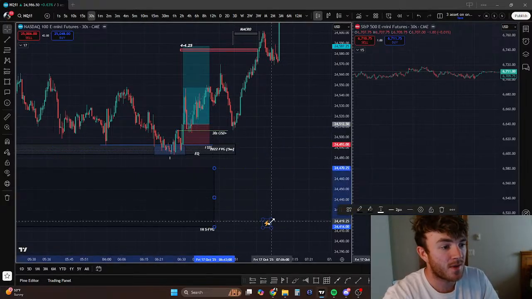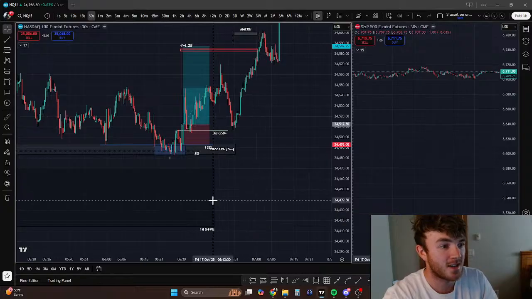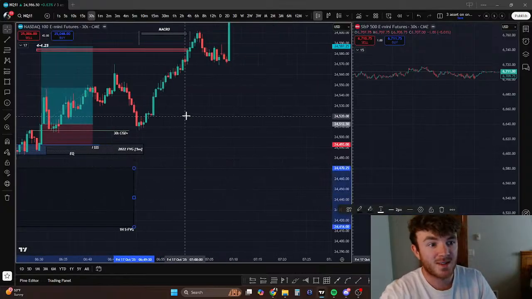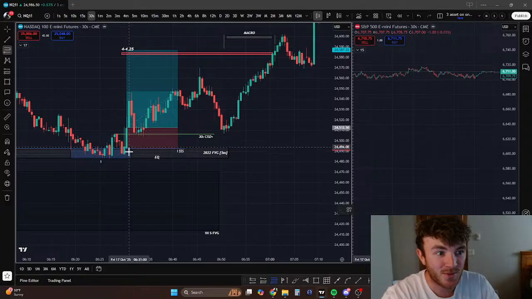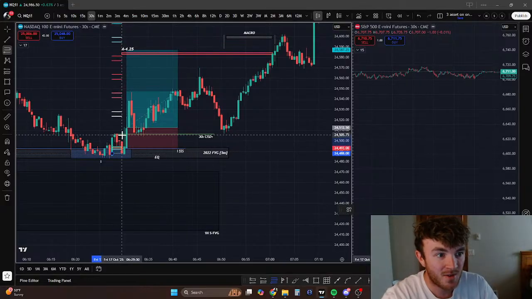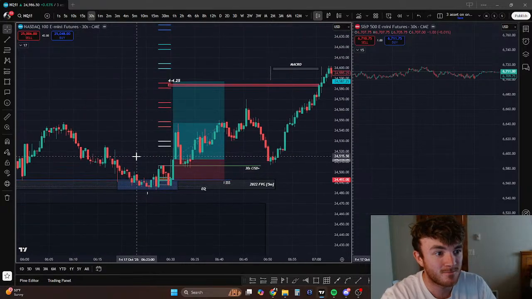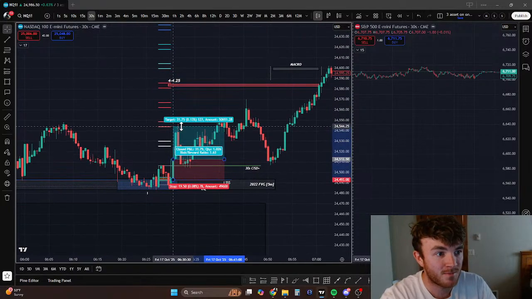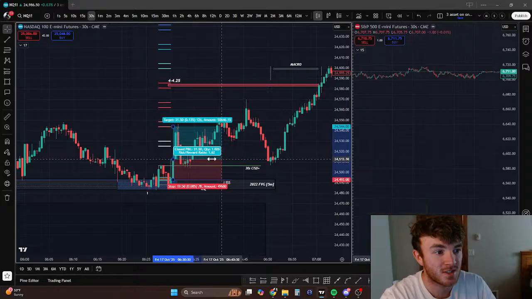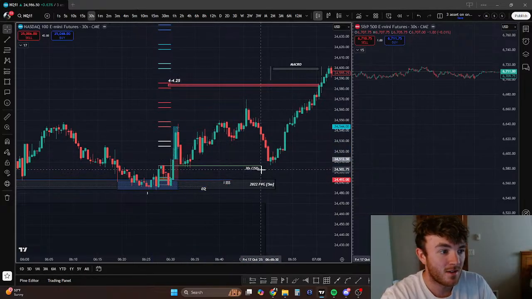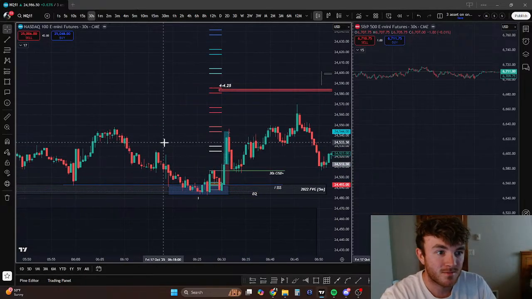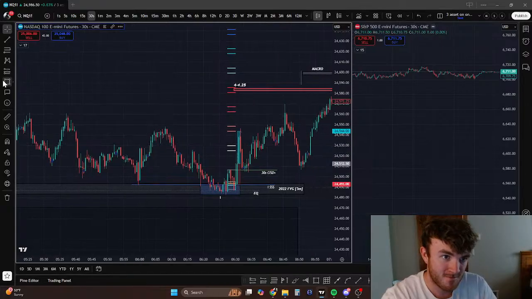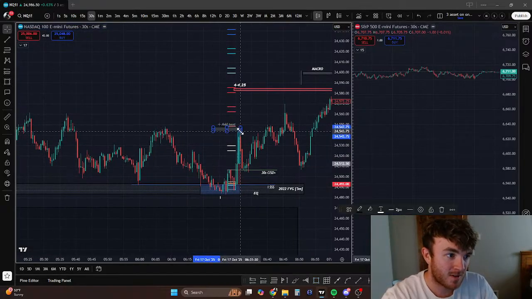Good chance I could have got break evened out, unless I just said, okay, I'm going to take profit at 2 standard deviations up, which would have been actually right at that high. So theoretically, I could have gotten a 1.6 to 1 just off of this little thing. Theoretically. And then we ended up going break even.